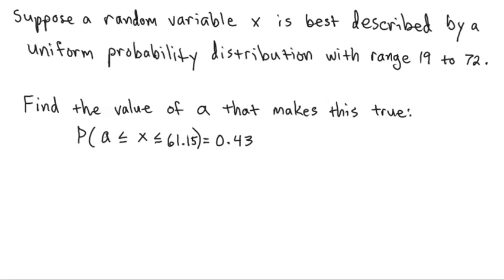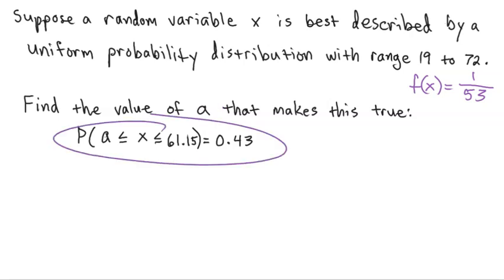All right, so we suppose random variable X is described by a uniform probability distribution ranging from 19 up to 72. Since it's uniform, our PDF, very simply, is going to be 1 over whatever 72 minus 19 is, and that's 53. Okay, so our PDF is 1 over 53, and we want to find the value of A that makes this statement true.